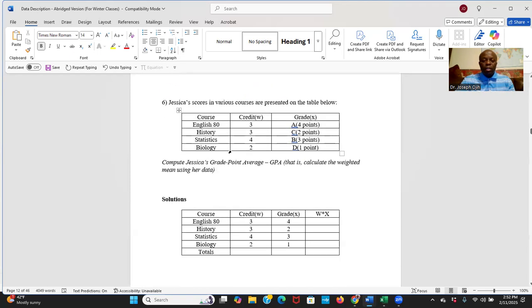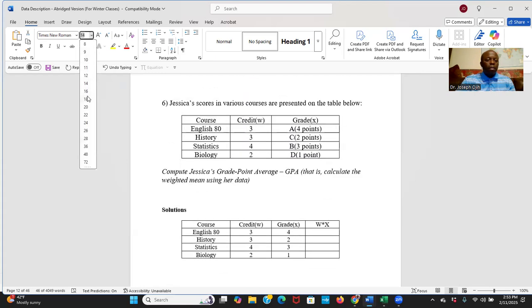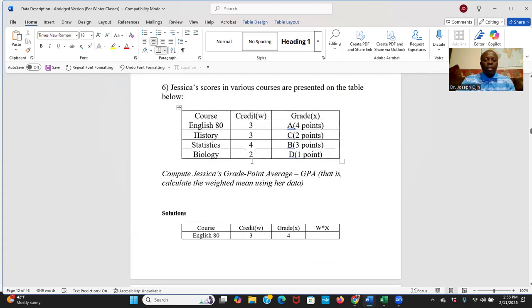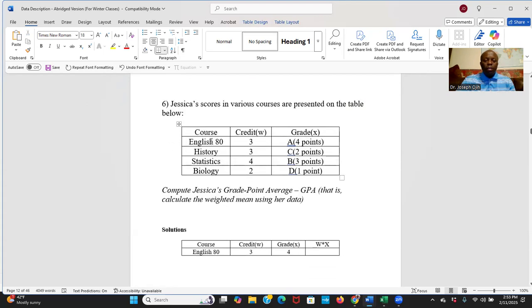Let's just try it with this lady's score. Jessica's scores in the various courses are presented on the table here. See the score: English 80, the credit load is three, that's the weight, and she got an A on that, which is 4 points.